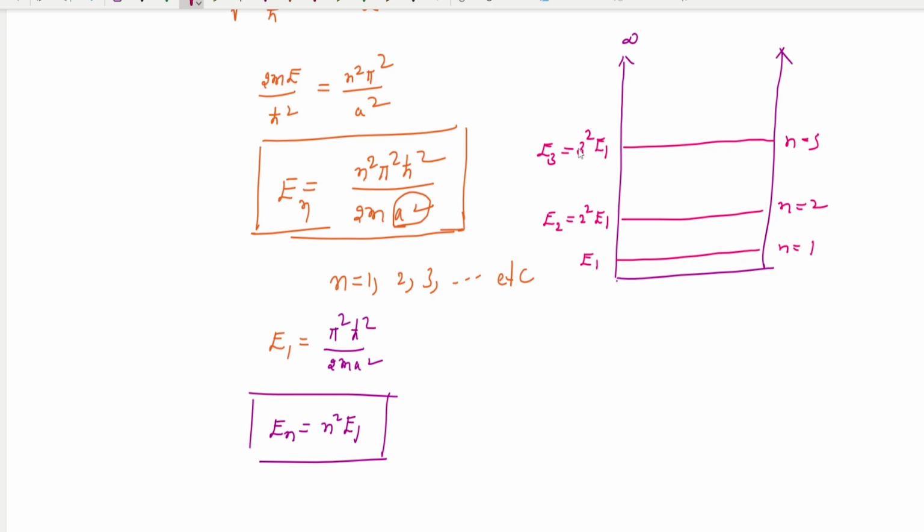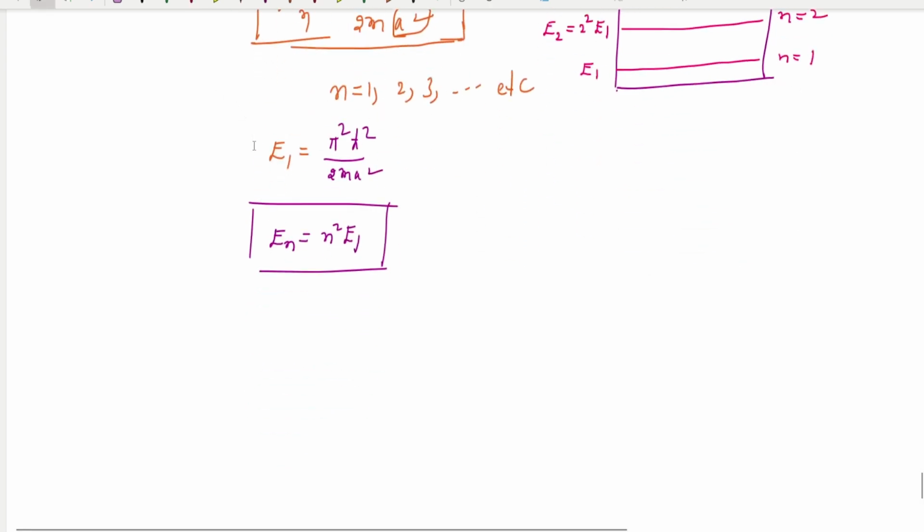Next we are going to find the eigenfunctions corresponding to the eigenvalues of the particle. We know the wave function of this one-dimensional infinite potential box. We already got this equation: wave function psi of x equal to A sin kx.